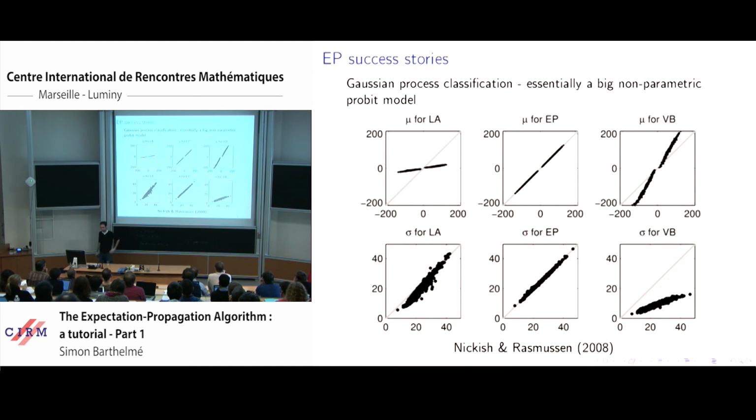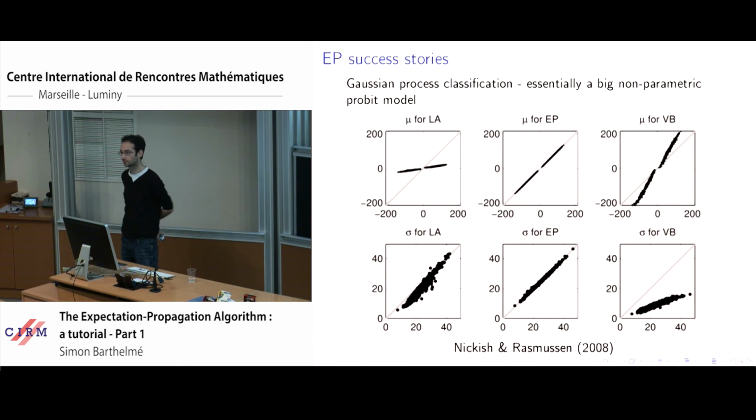But in the meanwhile, the question is, why did people get excited about EP? Well, the reason is that it actually works very well in GLMs. And one sort of GLM is Gaussian process classification, which is just non-parametric logistic regression. So that instead of having just a parameter set that's of size p, your parameters are of size n.